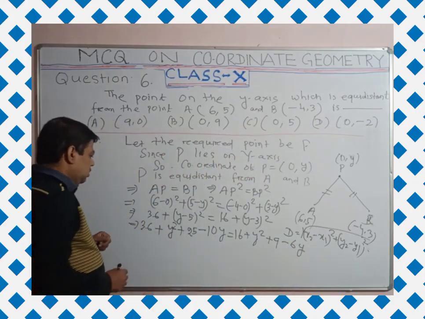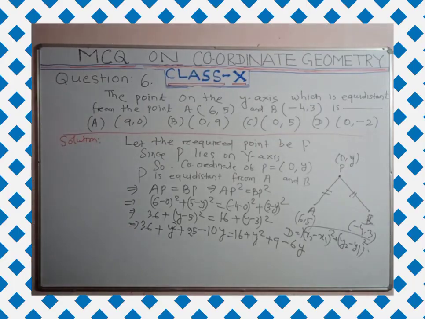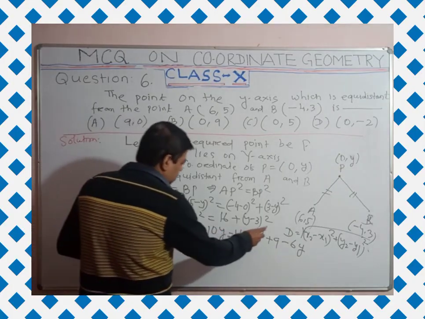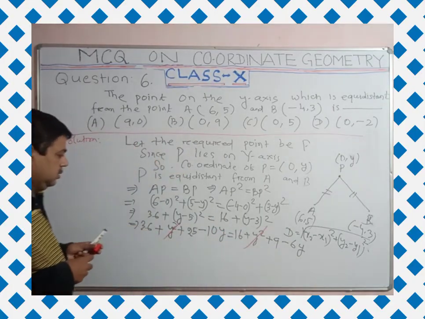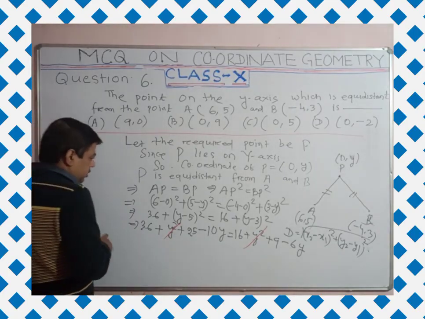Now you see, we have plus y square on the left hand side and plus y square on the right hand side, so we can cancel them. Understand? Okay, let us transpose.